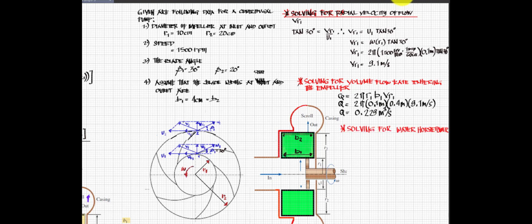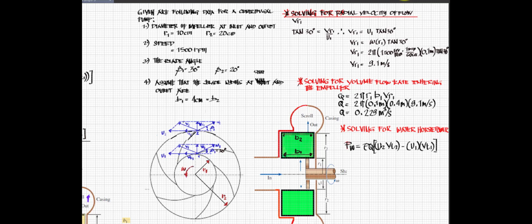Next, solving for the water horsepower, we have your PW, which is equal to the density of the fluid times the volume flow rate, times the tangential velocity at point 2, VT2, minus the tangential velocity at point 1, VT1.